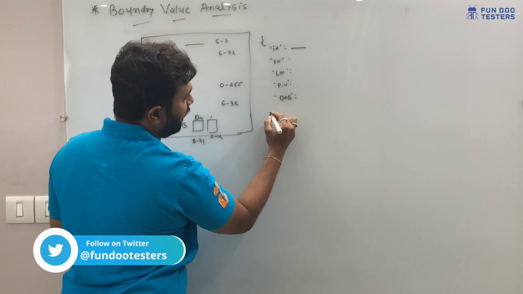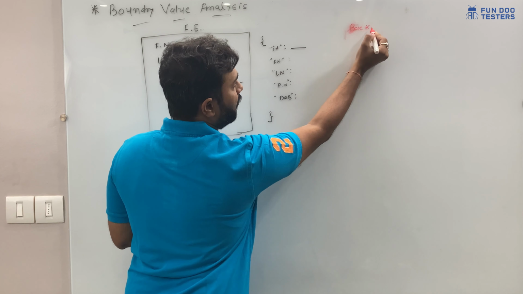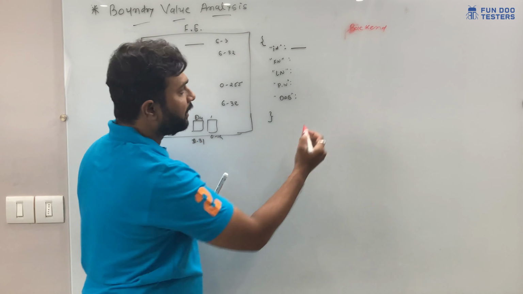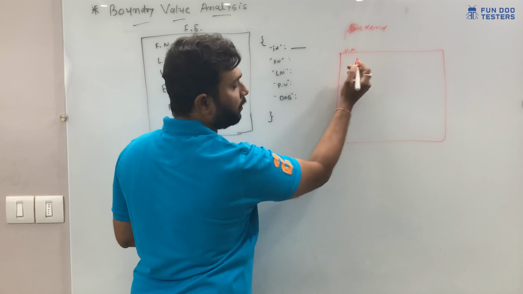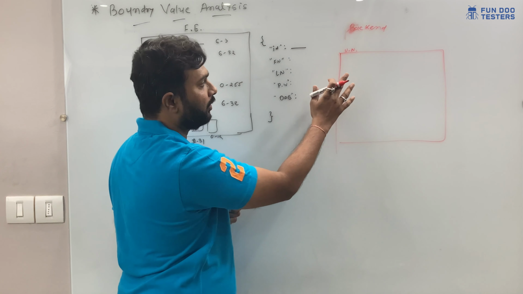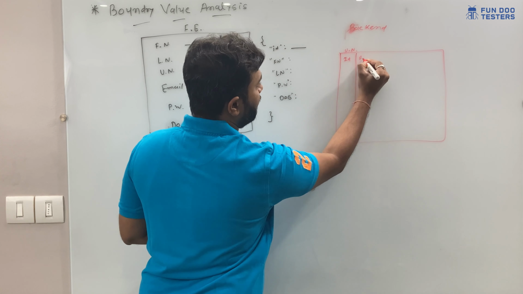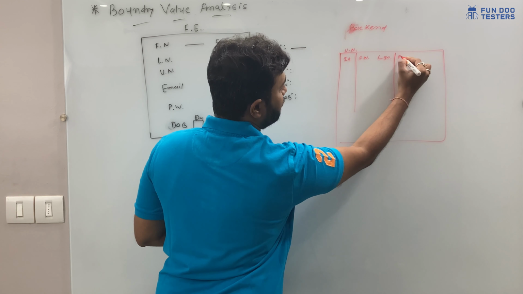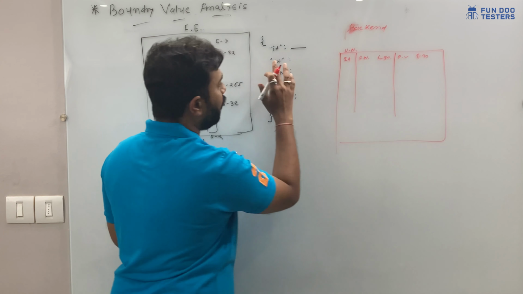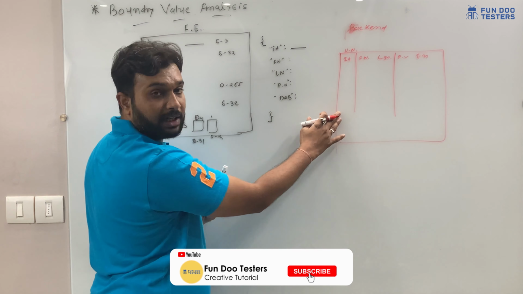In the back end we have a database, and in the database there should be one table of the user. In the user table we should have all this data. So this can have user entry data, and in this we have ID field, first name, last name, password, email ID, all similar to whatever data we are sending from the front end; the same data this database should have.